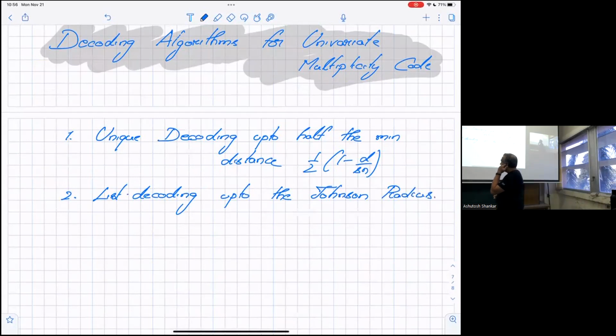And what did we see? At least in the Reed-Solomon case, we had the Welch-Berlekamp algorithm for the first and the Sudan algorithm for the second. And as I mentioned at the beginning of the lecture, Nielsen has shown that both these algorithms, when written correctly in the context of multiplicity codes, just work.